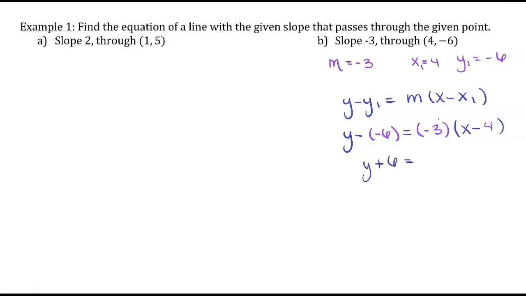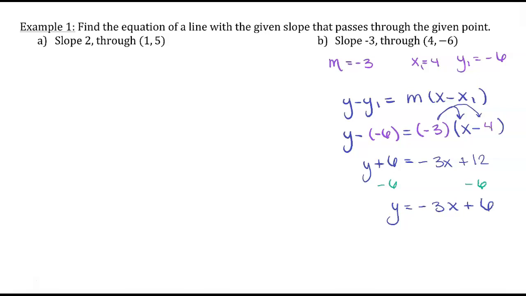Distributing our -3, we have -3 times x, or -3x, and -3 times -4, or positive 12. Subtracting 6 from both sides, we have y is equal to -3x plus 6. And now we have the equation of our line in slope-intercept form. This is the line with slope -3 that crosses through the point (4, -6).